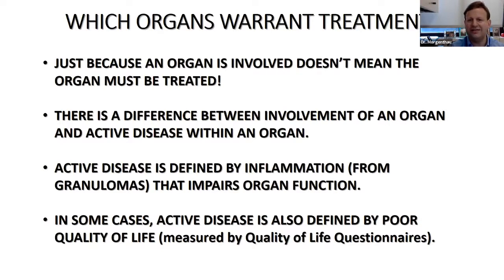And there's a difference between involvement of an organ and active disease within an organ. Active disease is defined by inflammation from granulomas, which impairs the function of the organ. And in some cases, active disease is also defined by poor quality of life, which we measure by quality of life questionnaires.